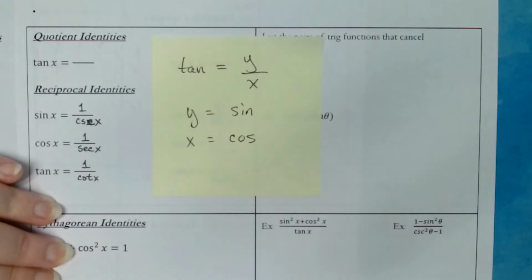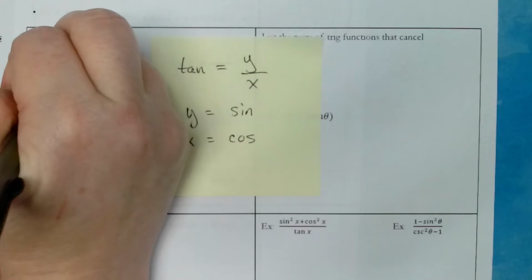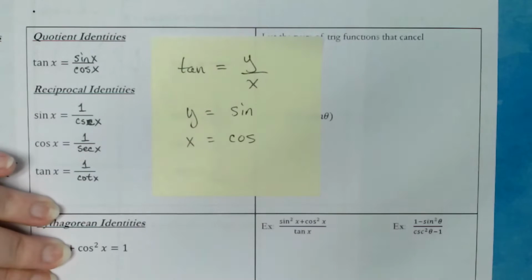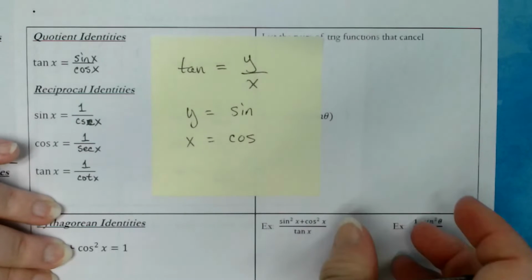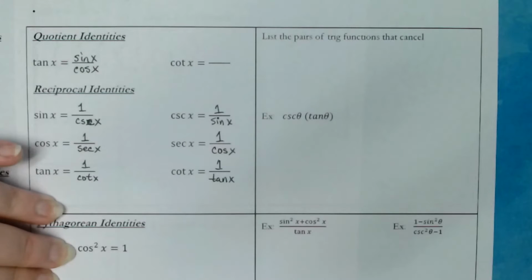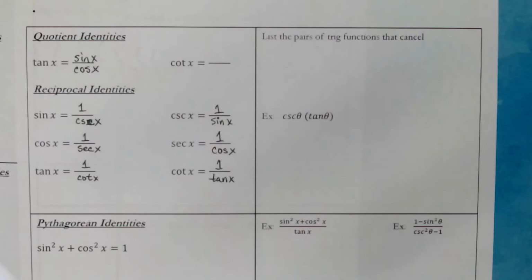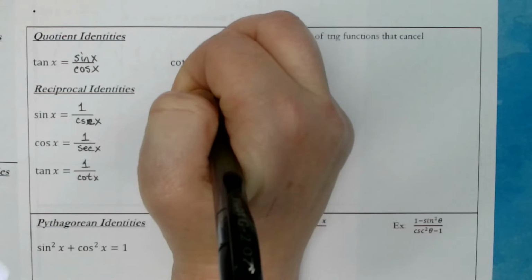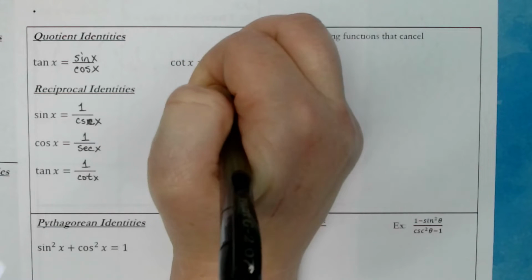So what we're going to do is plug in the sine and the cosine. So we say tangent is sine of x over cosine of x. Easy, right? Okay, so how do I get cotangent? Well, we just flip our tangent. So it's cosine over sine.